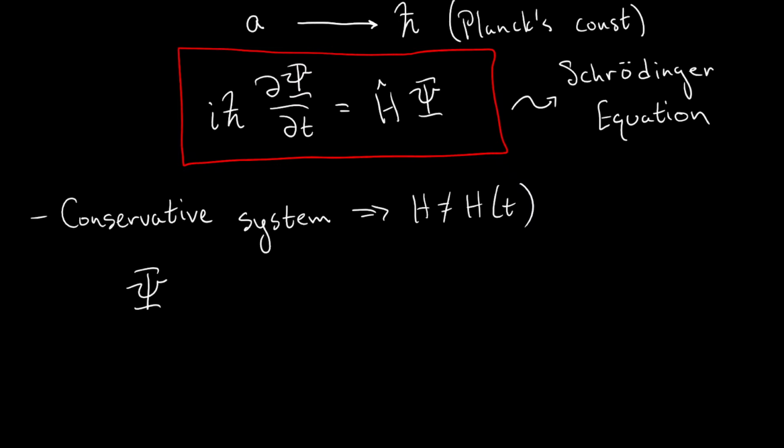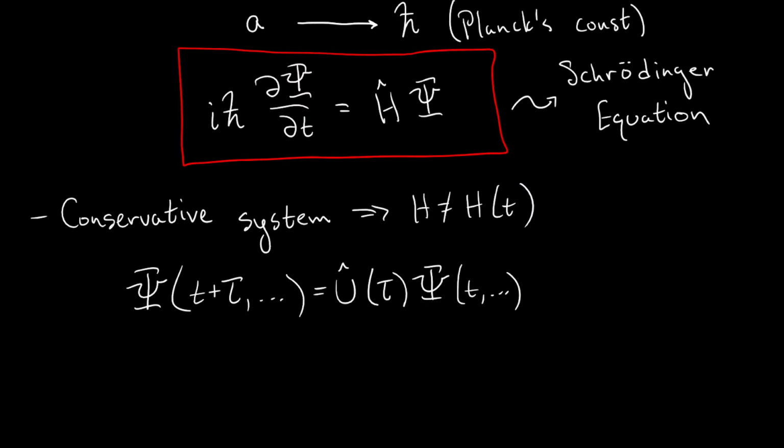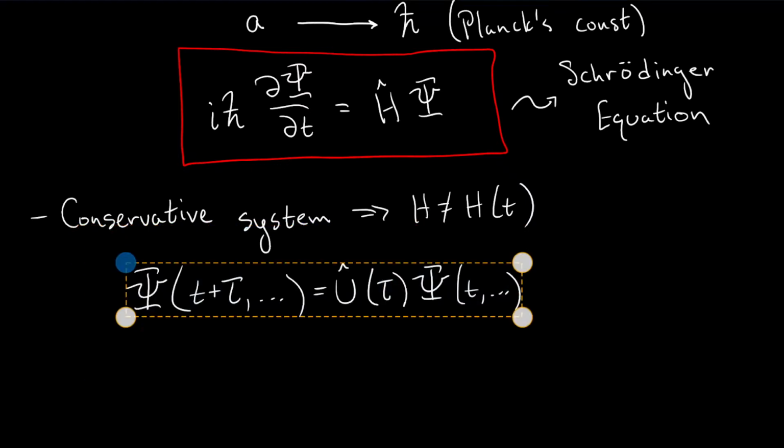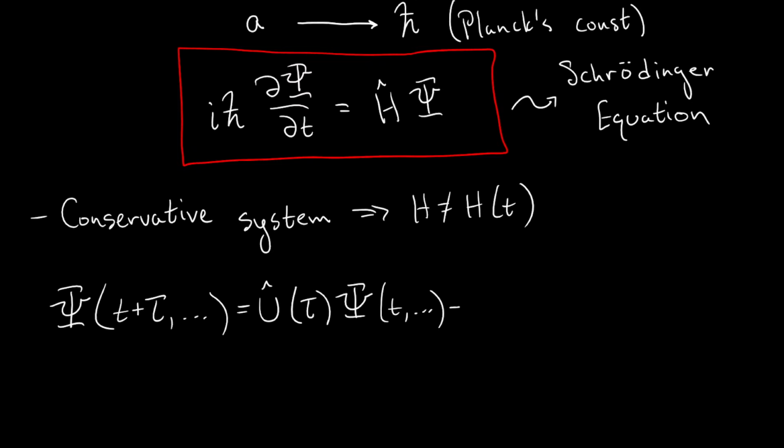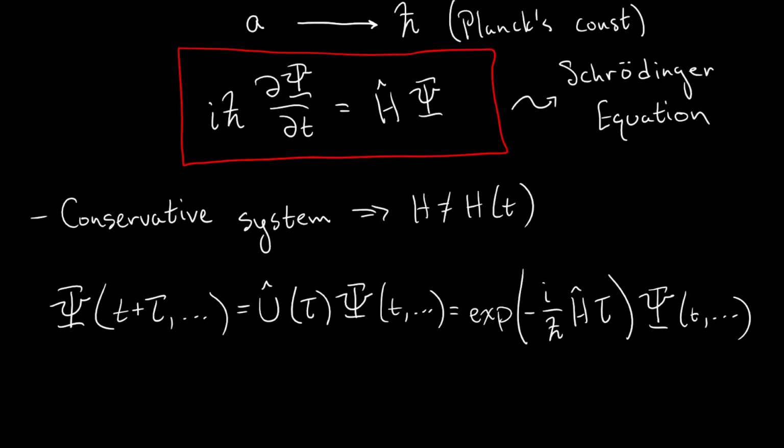And we find that psi of t plus tau, plus, again, whatever other stuff I don't really care about, I'll write in terms of a time evolution operator times psi of t, where this is just going to be e to the minus i over h bar H hat tau times psi of t, etc.